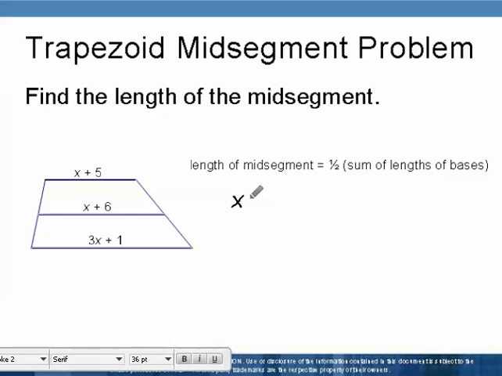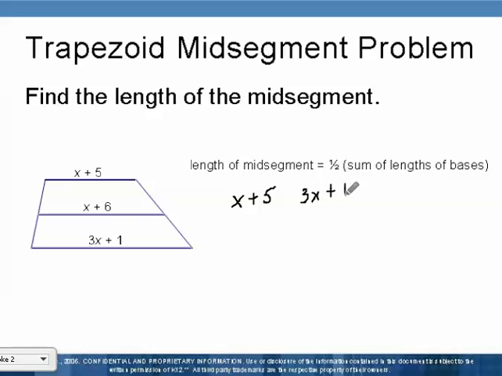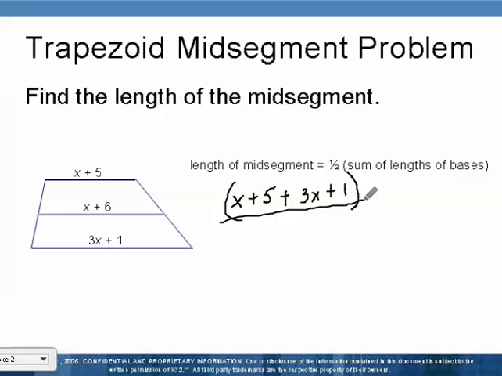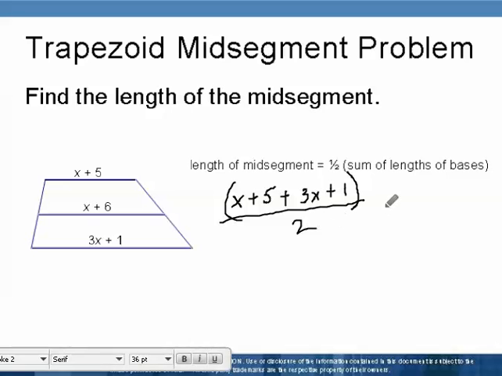Well, let's just write these down. X plus 5, that's one base. And the other base is 3x plus 1. We add those together just like they were two bases, and then divide the whole thing by 2. What we will get is the length of the mid-segment, x plus 6.